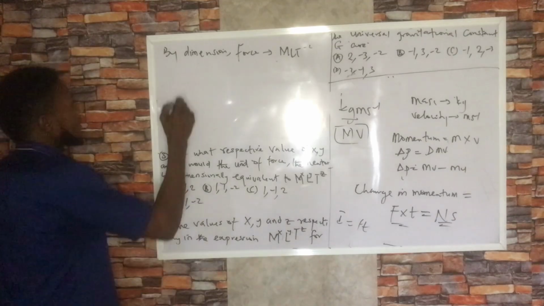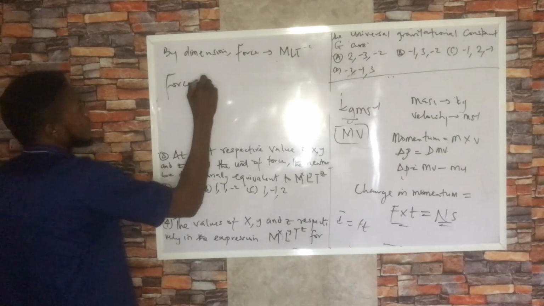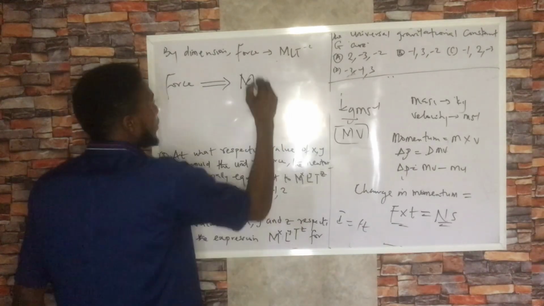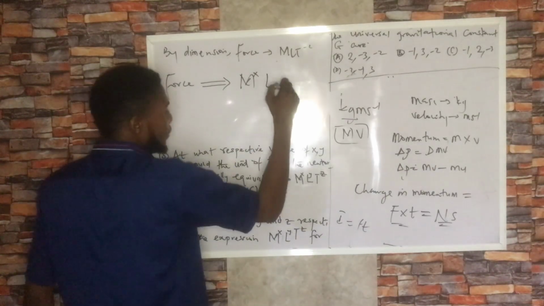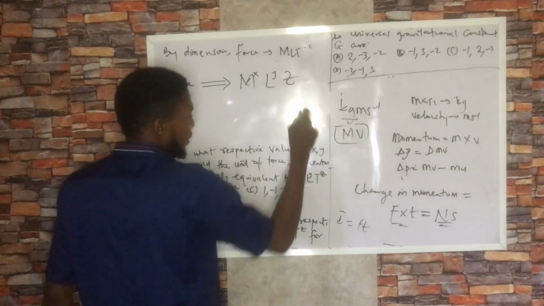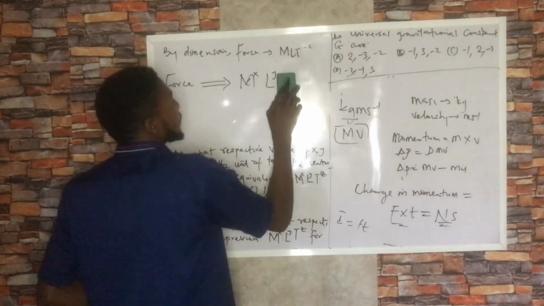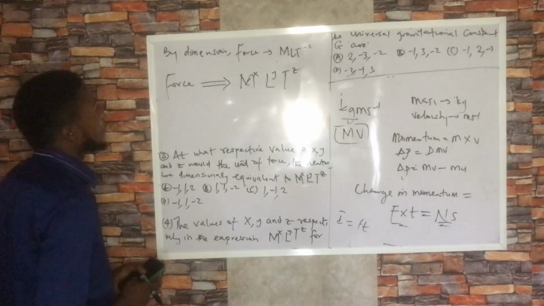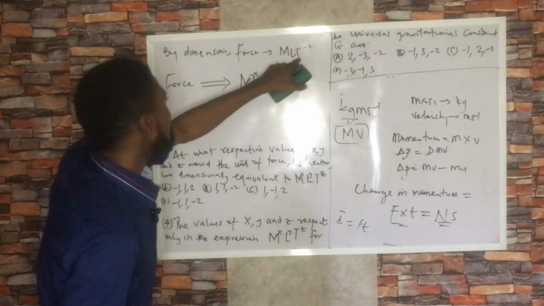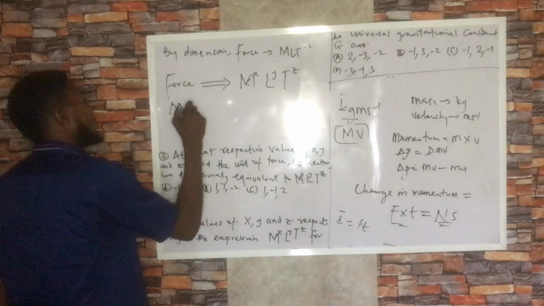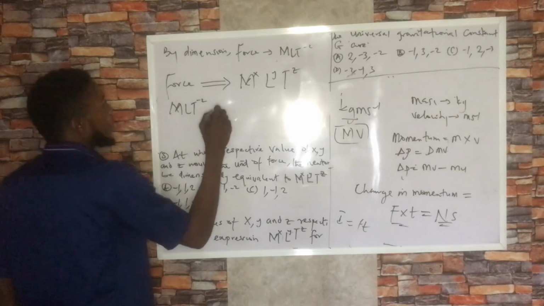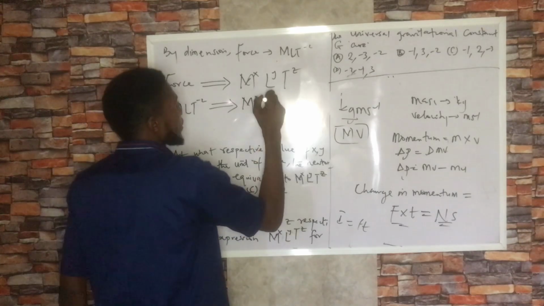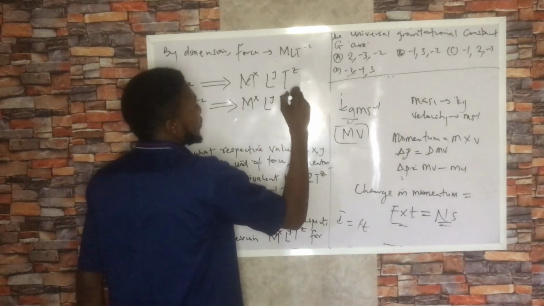Force is M raised to power x, L raised to power y, T raised to power z. Then you want to compare: M L T raised to power minus 2 with M^x L^y T^z.